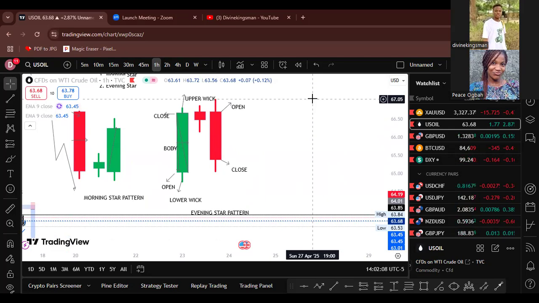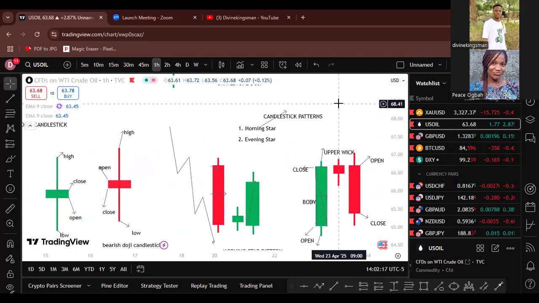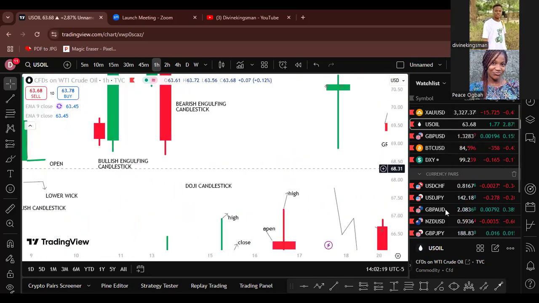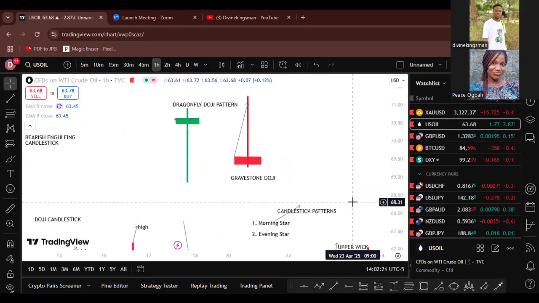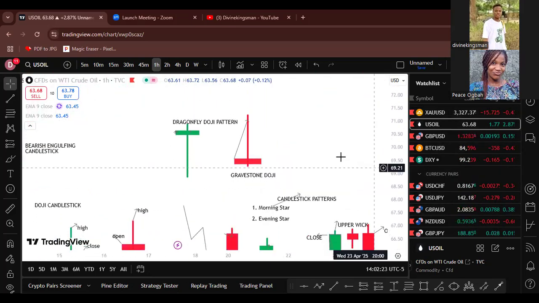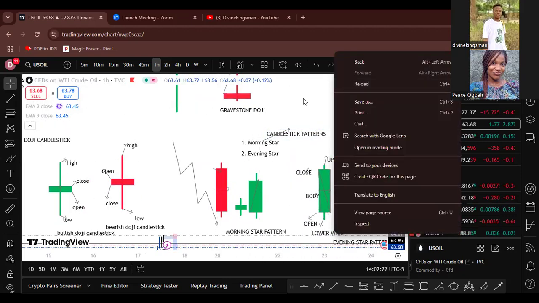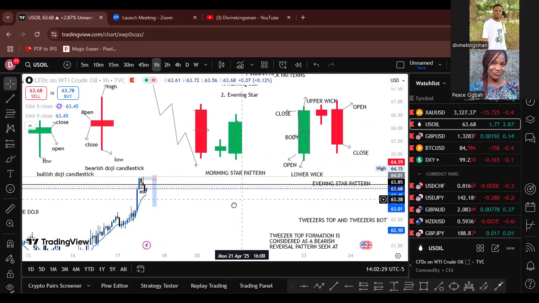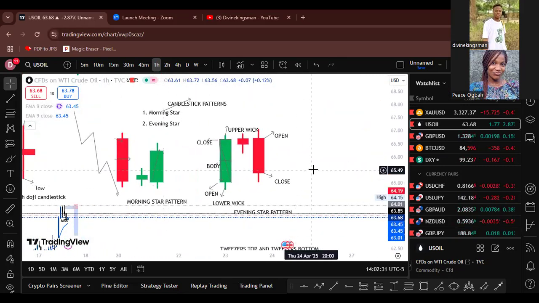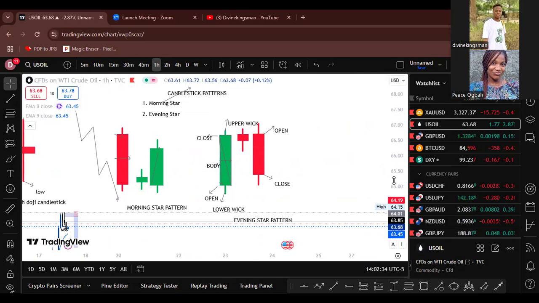We also talked about some candlestick patterns, where I gave examples of the bullish candle, the doji candle, the engulfing candle, the dragonfly doji pattern, and the gravestone doji pattern as well. And then yesterday we discussed the morning star and evening star candlestick patterns.